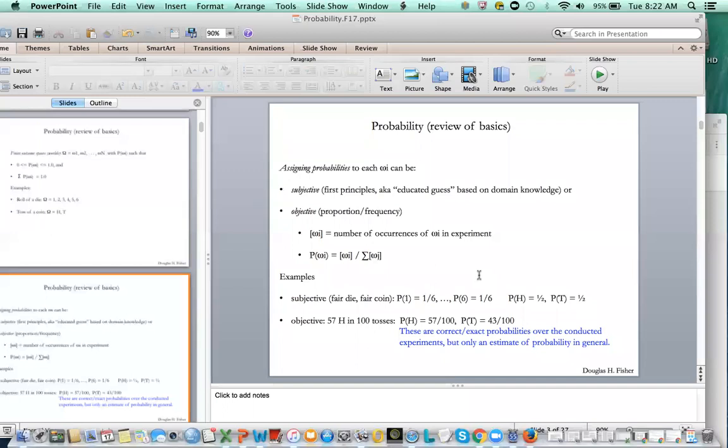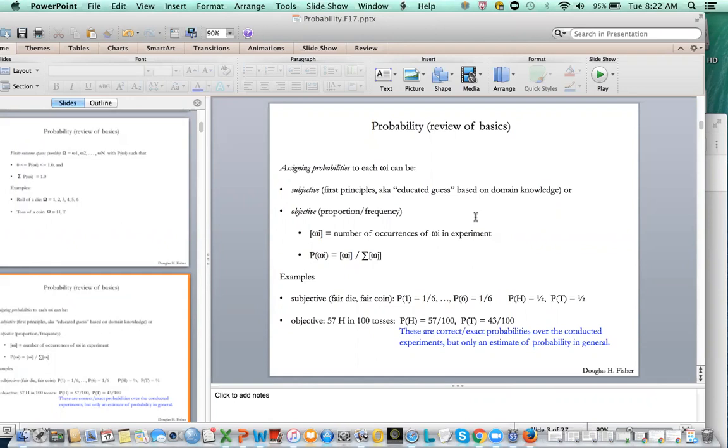It can be a subjective judgment, which is, we're now on, by the way, the second slide, with assigning probabilities at the top. The subjective method is often based on judgments of an expert or a human analyst.